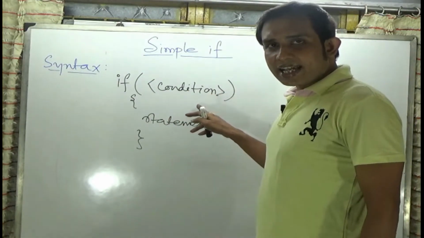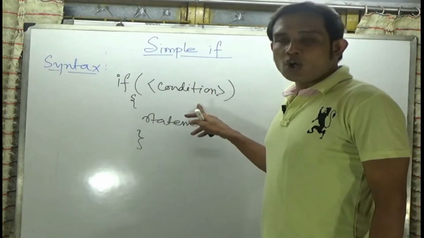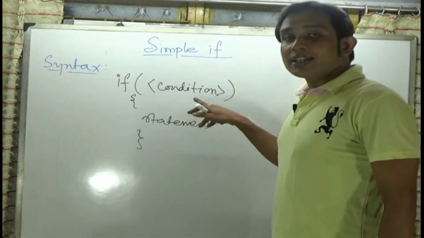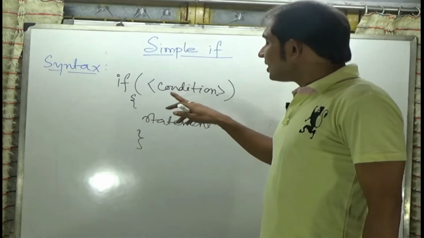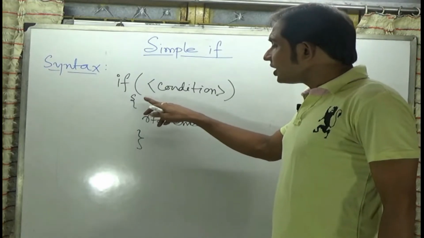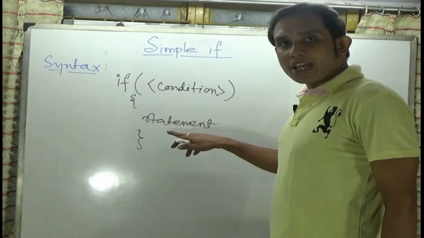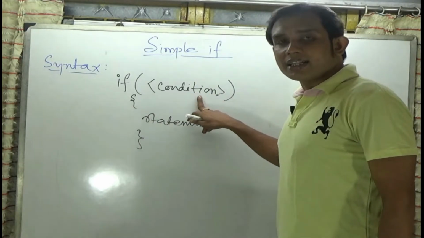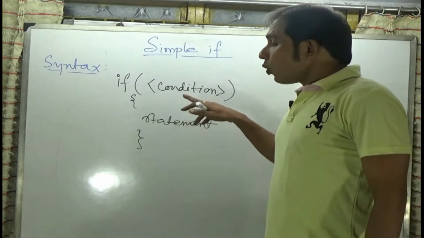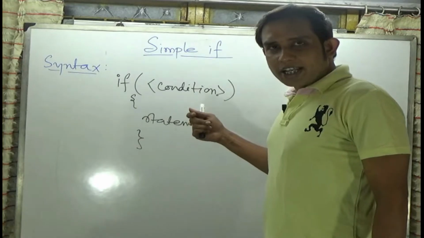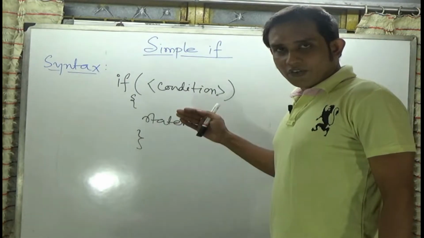So in syntax, angular bracket means you have to write the actual value or actual condition here, and if this condition becomes true, then the statement which is written within the opening and closing braces of this simple if is going to execute. But if this condition is not true, if it is maybe false, then which statement is going to execute cannot be determined by using the simple if.